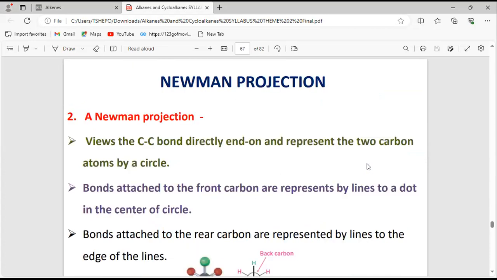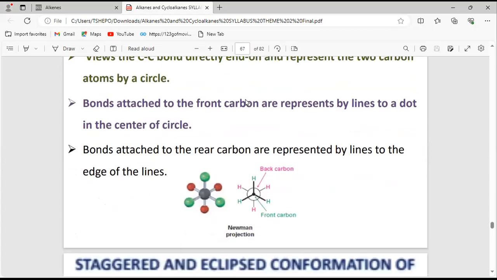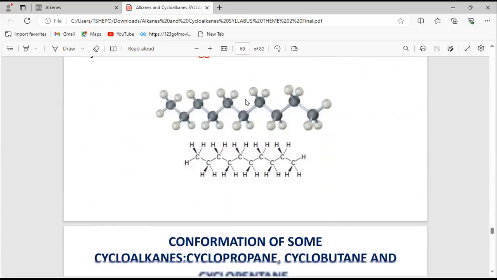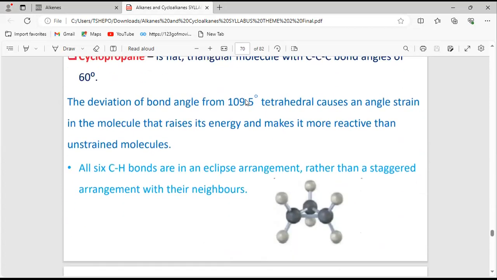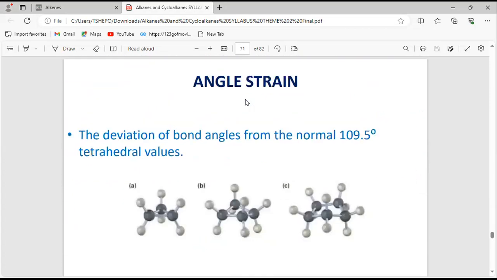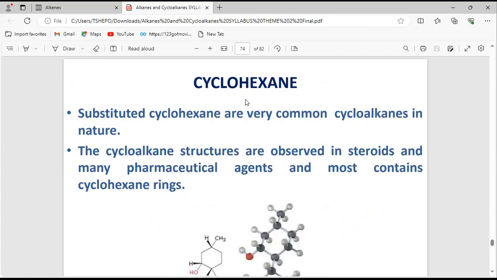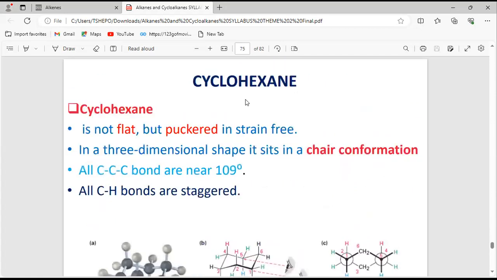The very important one is where we use a Newman projection. We know that we're gonna have gauche projection, anti, all of those things we have learned. I saw on this slide they're not there, but I'll try to cover them when I come back to these things, the conformations.